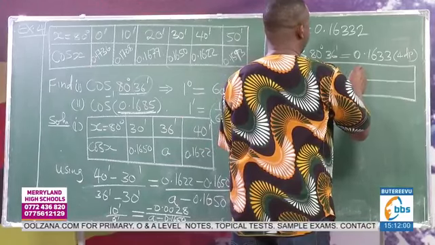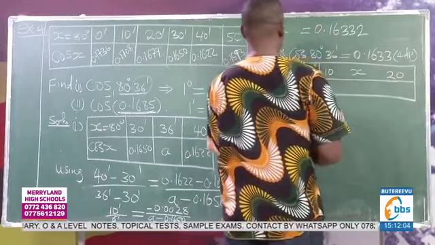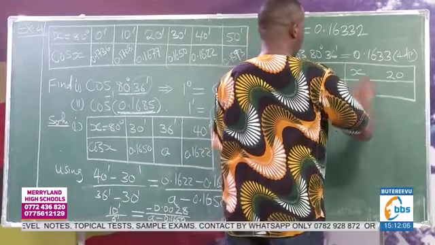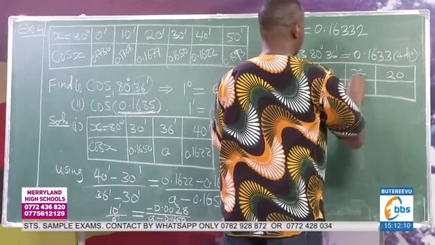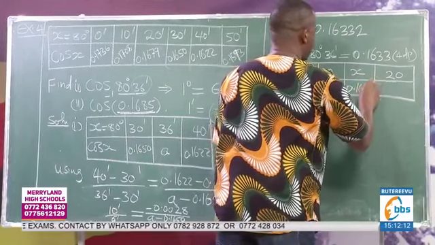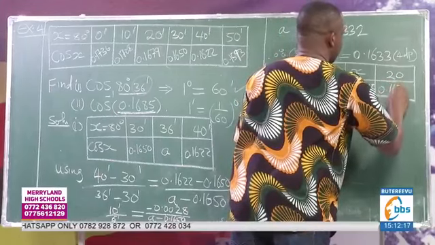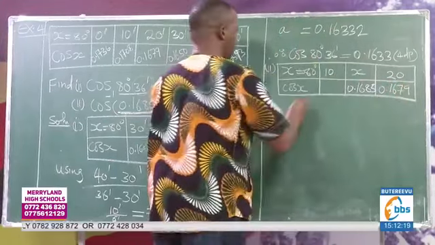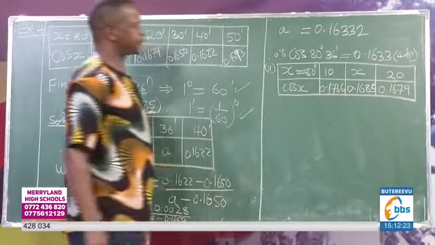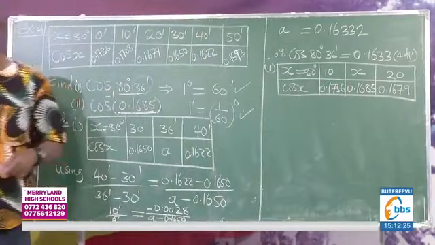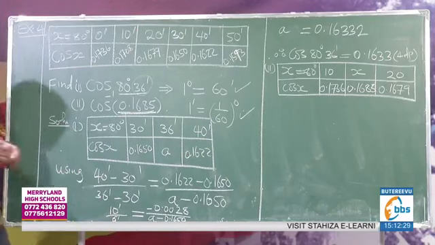We have the value, I will call it x, and then we have 20. And we have the corresponding cosines. Here we have 0.1685. For 20 we have 0.1679. And for 10 we have 0.1736. So we are looking for x, and the format or the working is the same.